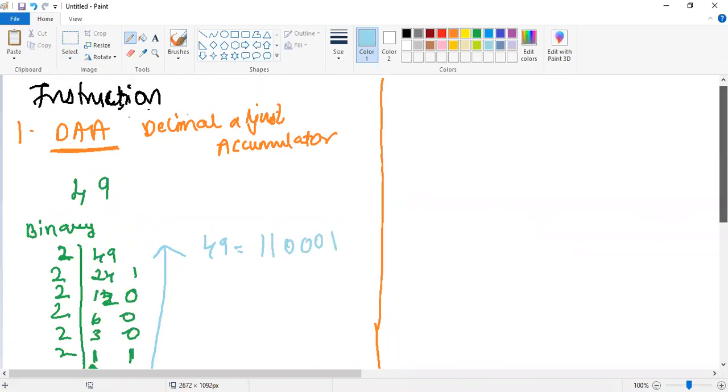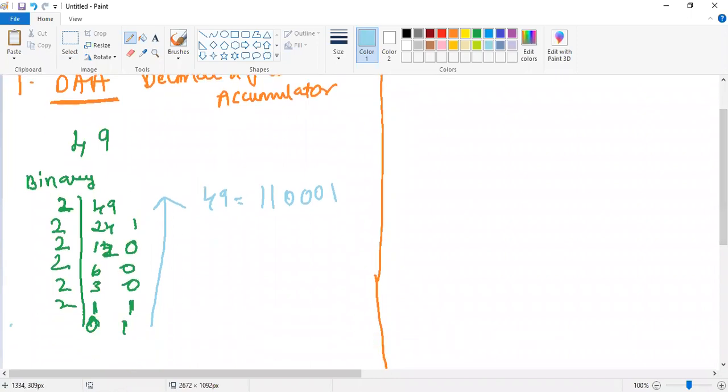Now, if we write the same number in BCD, what do we have to do? We have to treat the digits as different numbers. Means 49 is a number, but we treat them as single digit numbers, so we find the binary of 4 and the binary of 9.